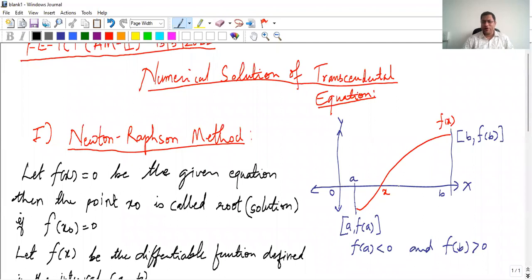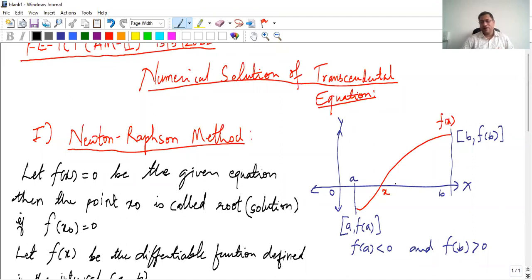Very good. Now here you have a graph, so you can easily see that A is closer. Suppose you don't have a graph, then how will you decide whether A is closer or B is closer? We can find the value of f of x, and then from that we can decide.